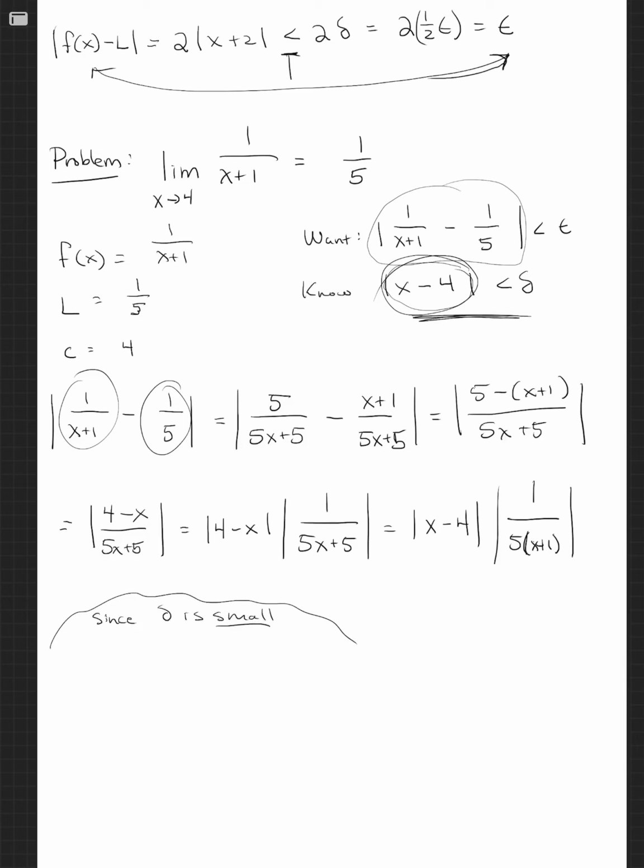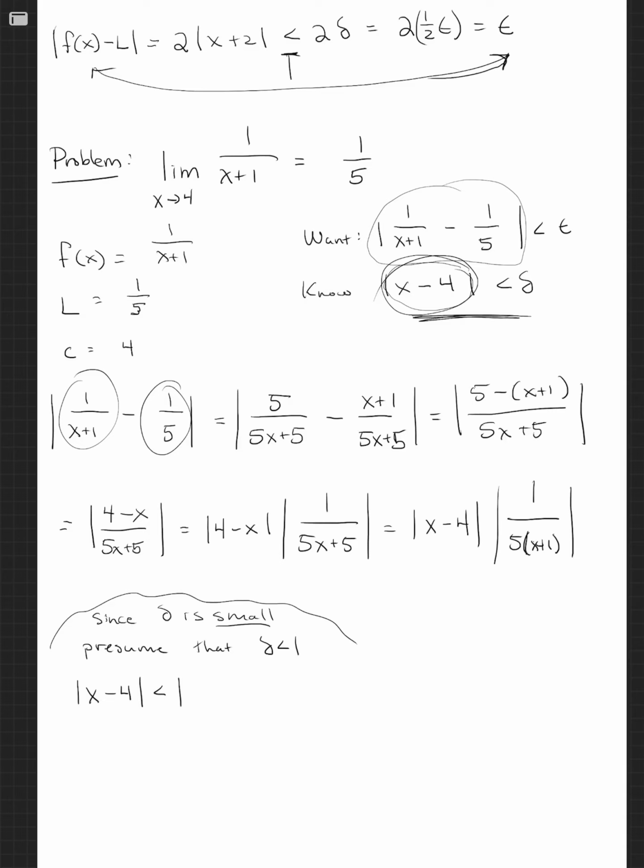We want delta to be small, right? And we can say it's as small as we want. We're going to presume that it's at most 1, right?